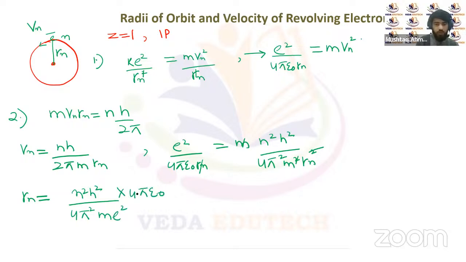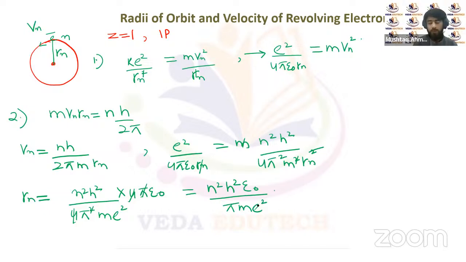Now from here, 4 and 4 will get cancelled, pi and pi will get cancelled. We'll be left with n square h square epsilon naught upon pi m e square. So this is the radius of the nth orbit of an electron.